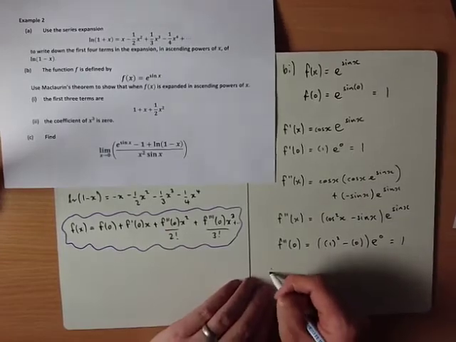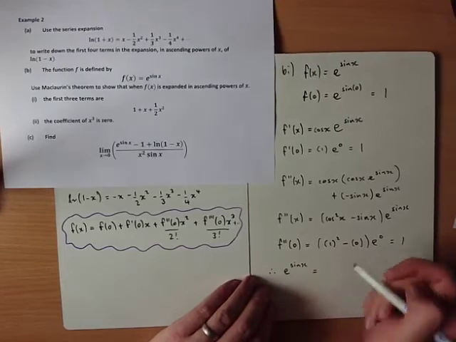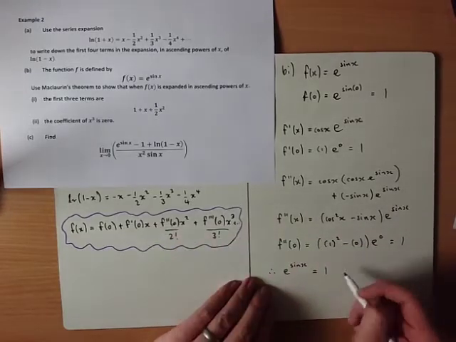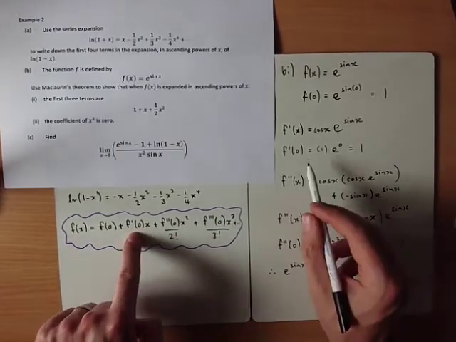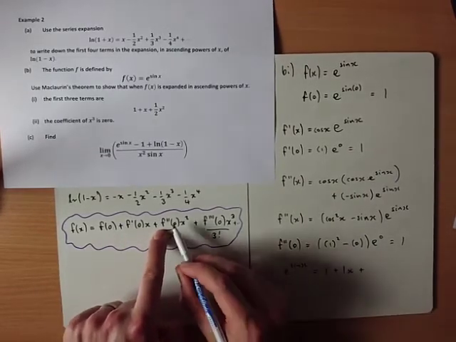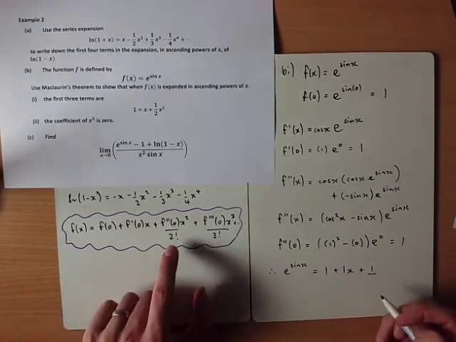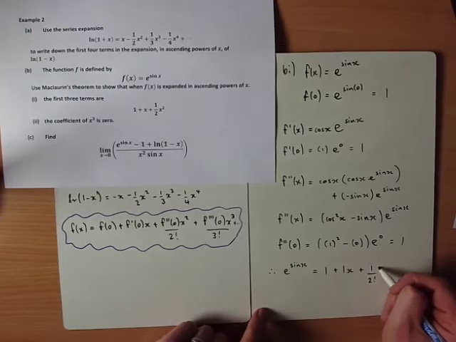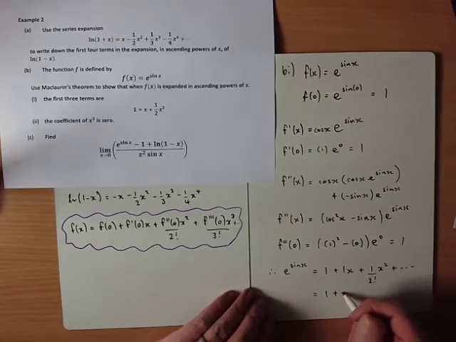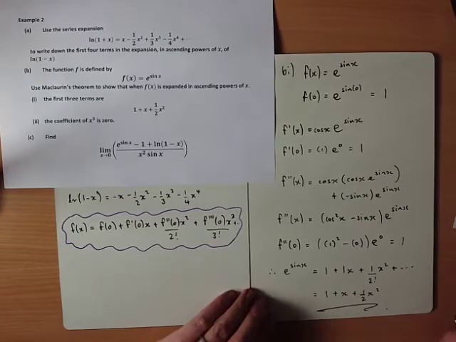So we can say that therefore e to the sine x would be equal to f of 0, which is 1, plus f dash of 0, which is 1, plus the second derivative evaluated at 0, which is 1, divided by 2 factorial, x squared, which is 1 plus x, plus a half x squared.